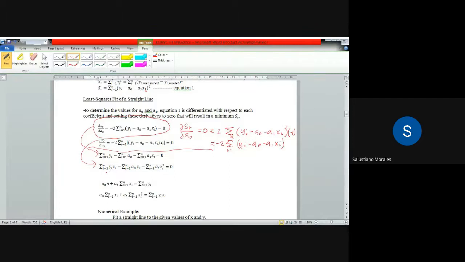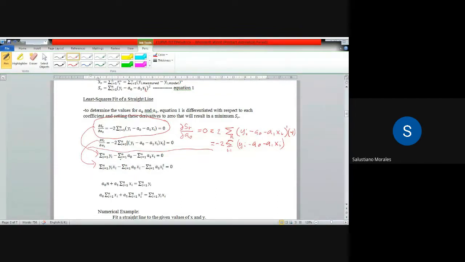So that we now have summation of y sub i times xi minus summation of A0 times xi minus summation of A1 xi squared equal to 0. Then further simplifying and rearranging the equation, we arrive at this value.